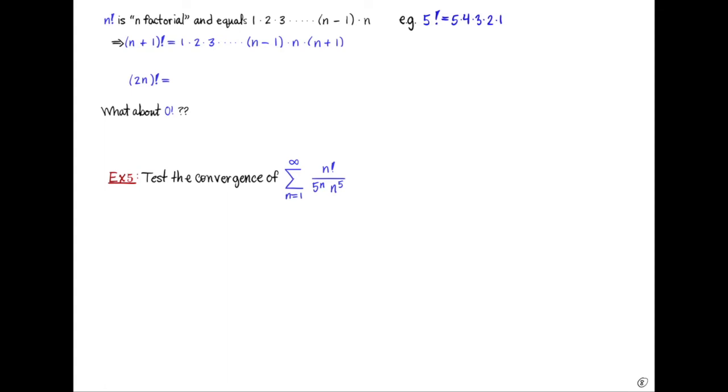The ratio test works really well when you are dealing with either exponentials, as in the previous example, or factorials. So before we jump into an example with factorials, let's review them.